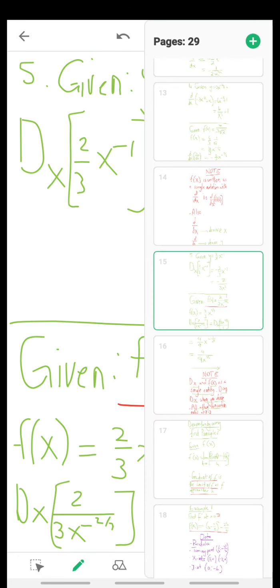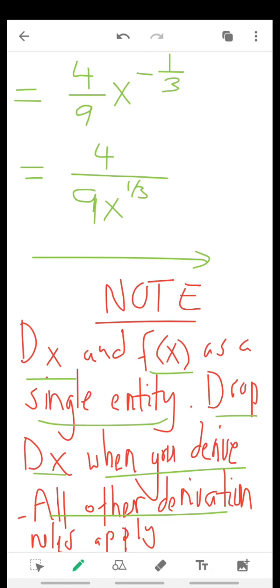And now, next up, it will be dropping the 2 over 3 to multiply with the 2 over 3, and I'm getting 4 over 9. Then subtract a 1, then I'll be getting minus 1 over 3 on the exponent. So you can leave your answer there, or you can write in positive exponents, meaning this will be 4 over 9 multiplied by 1 over x to the power 1 over 3, which will be 4 over 9 x to the power 1 over 3.